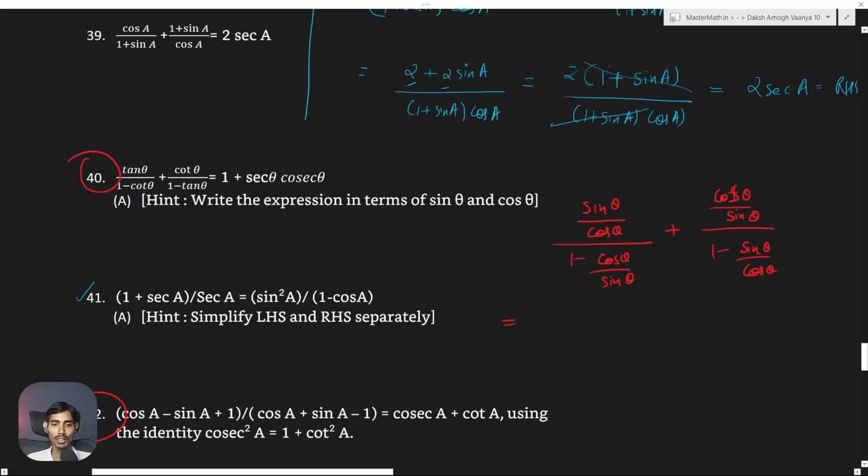Taking LCM in the denominator and taking cos down. So we'll have sine theta minus cos theta. I took the LCM in the denominator, and this is plus cos theta divided by sine theta. This is the central division, main division, cos theta minus sine theta.